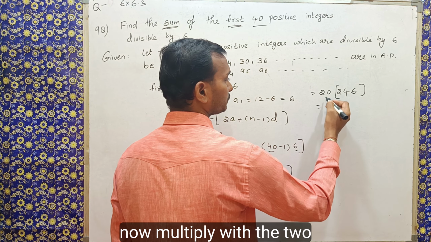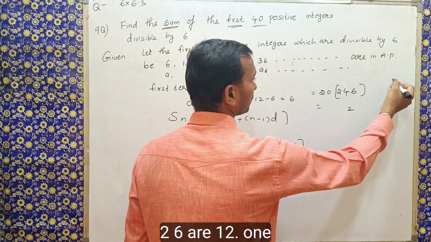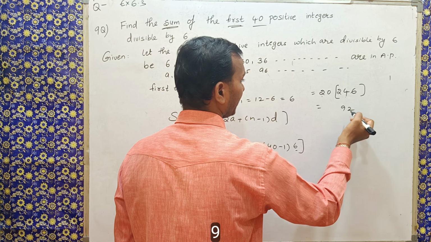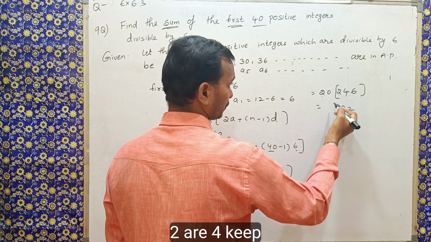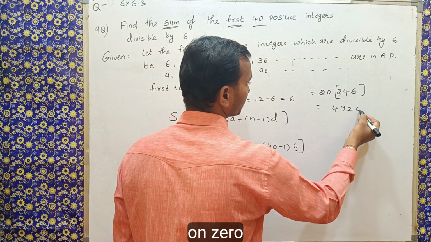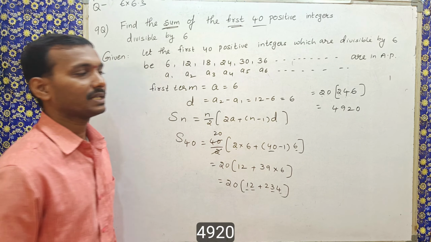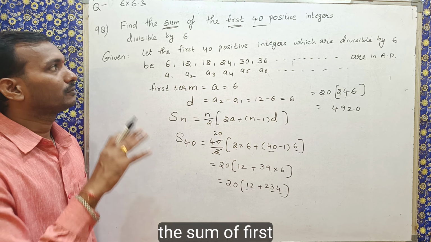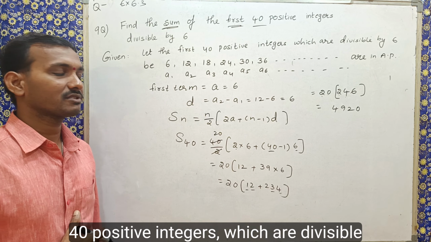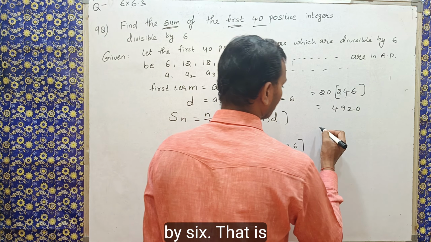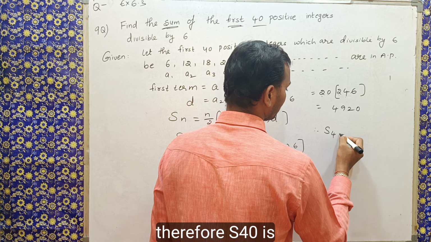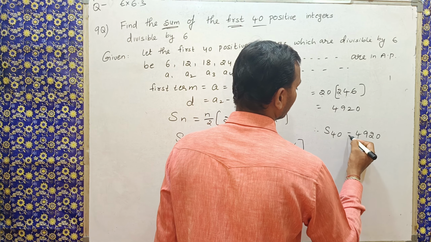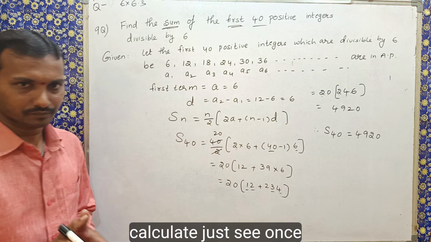Now multiply with 2... 2 sixes are 12, 1 carry; 2 fours are 8 plus 1, 9; 2 twos are 4, keep a 0. So 4920. 4920 is the sum of first 40 positive integers which are divisible by 6. Therefore S40 is equal to 4920. So this is the way we have to calculate.